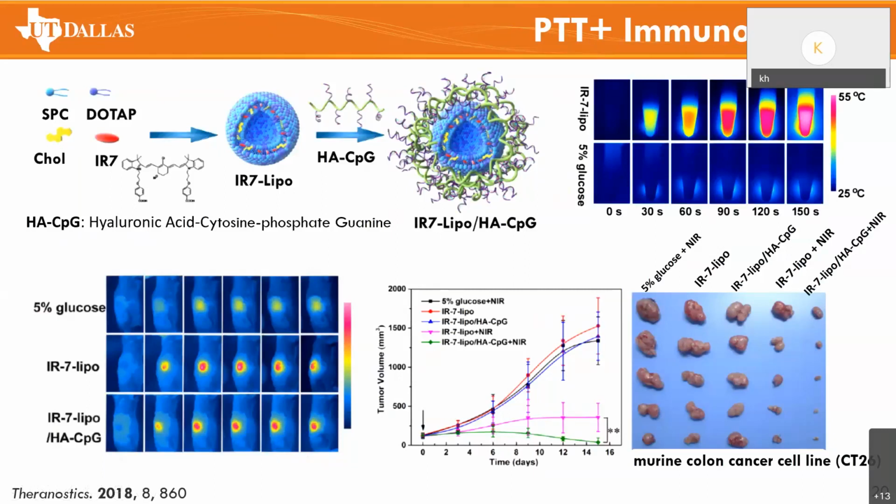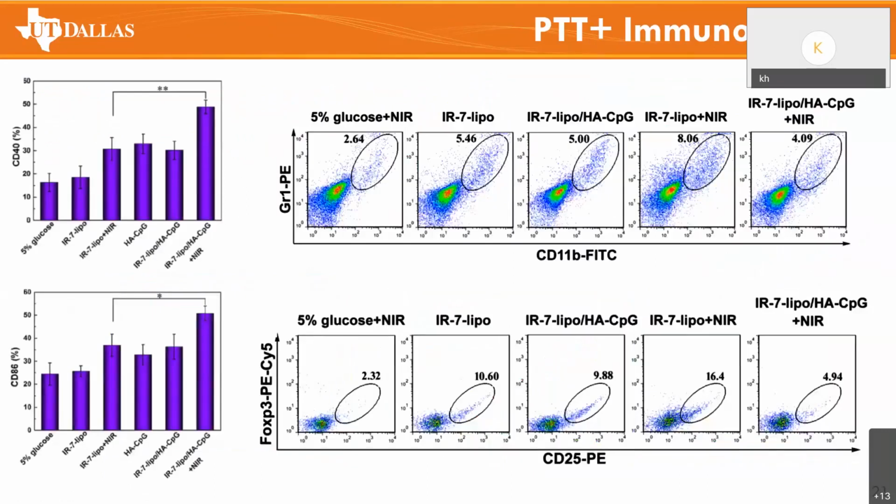Then this part is the same as the previous paper. They checked the immunostimulatory activity of this combinational system. First, they studied the effect of this combinational system on dendritic cell maturation in vitro.